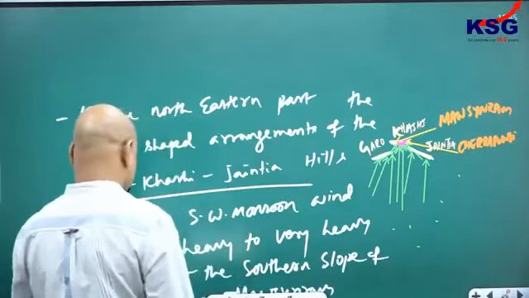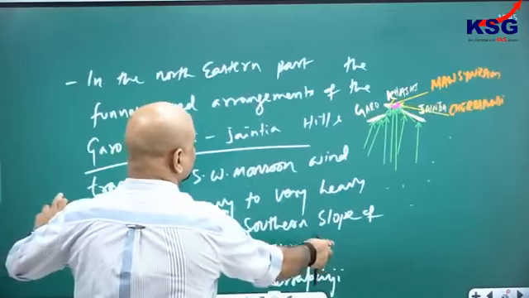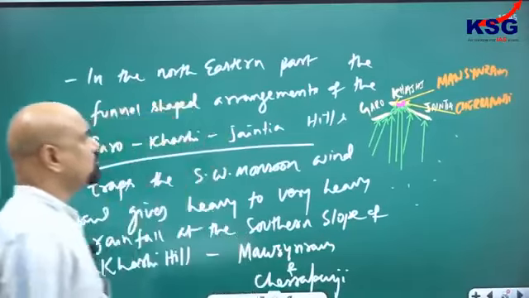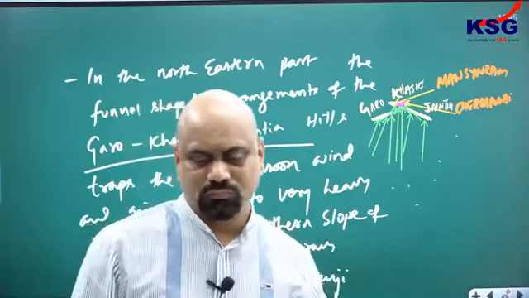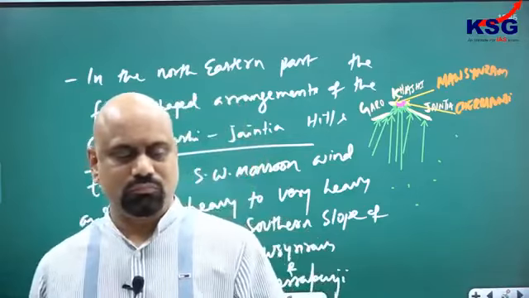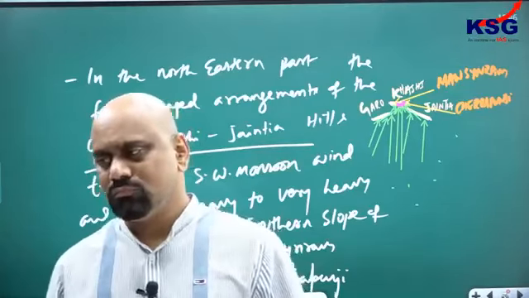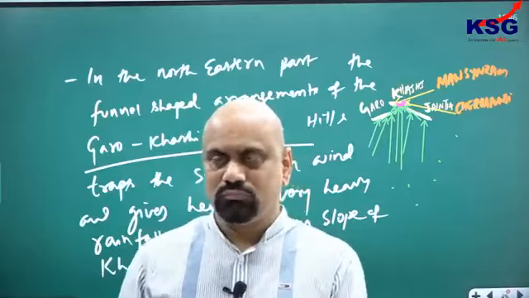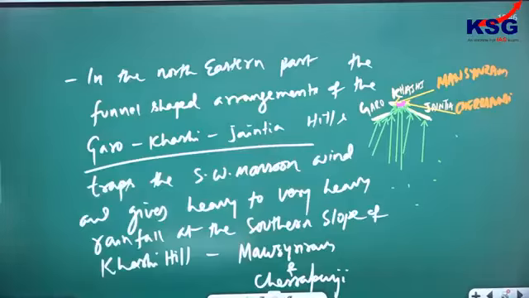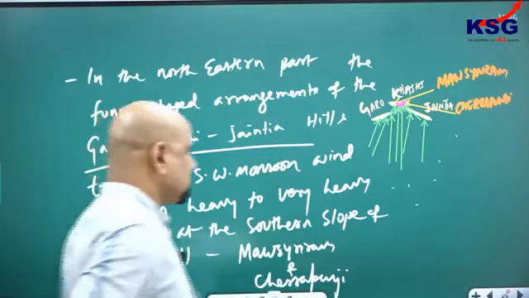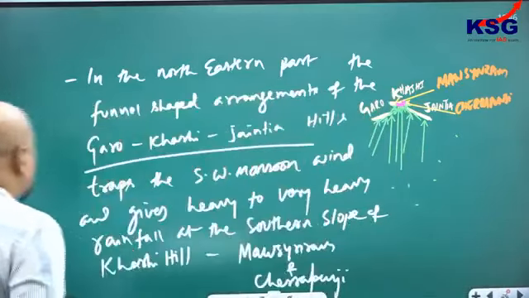You got it, what I am saying? Okay. Done. This much is okay. This is Garo, Khasi, Jaintia Hill and all.